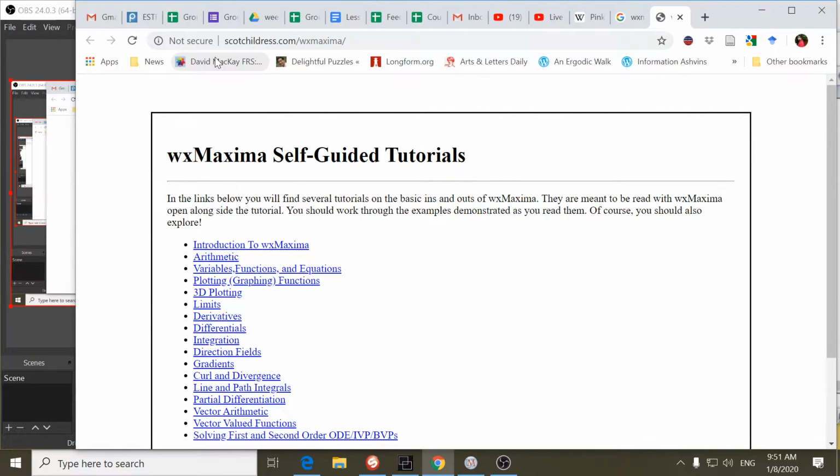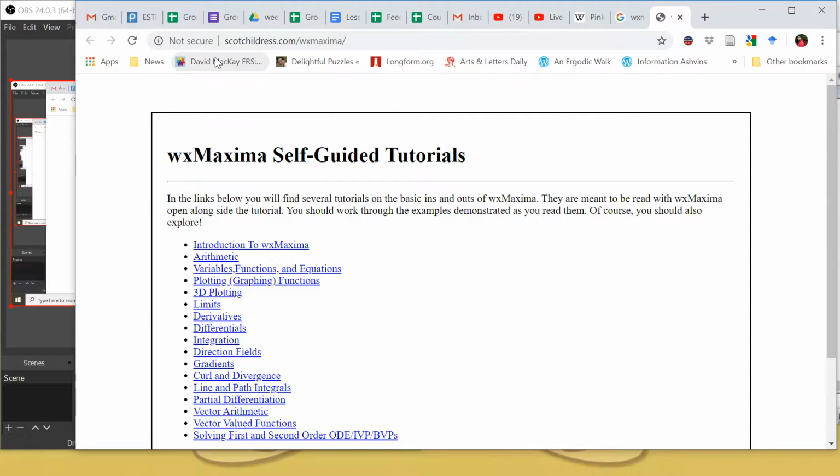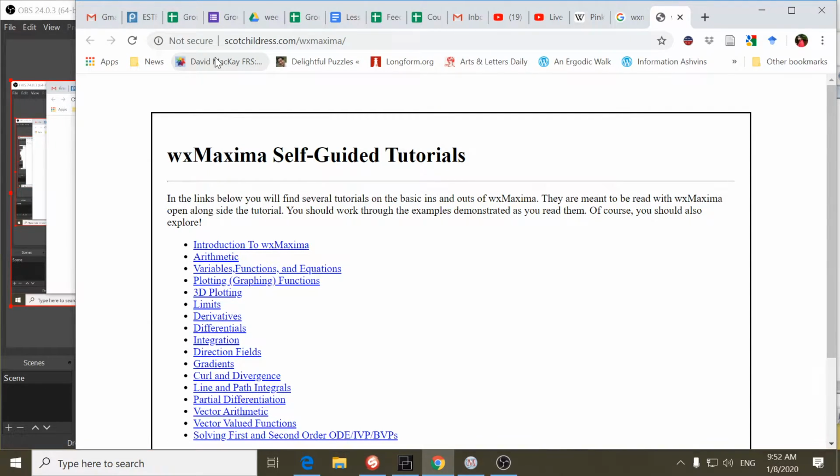Common mistakes so far: they don't understand the difference between e and percentage e. They don't understand the difference between log and ln. Many of them are doing that. Some are forgetting the multiply sign, the star. Some don't understand the partial sign instead of the d sign.